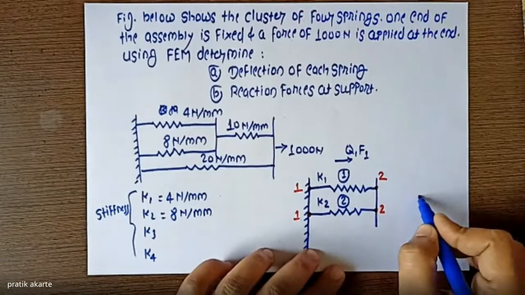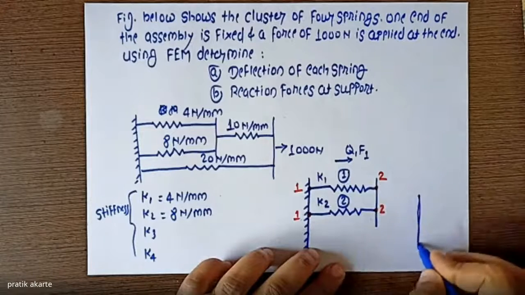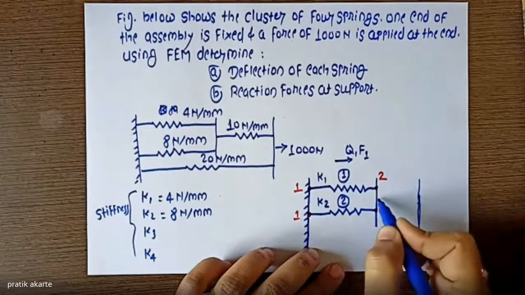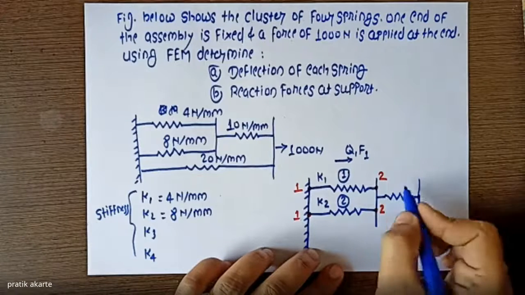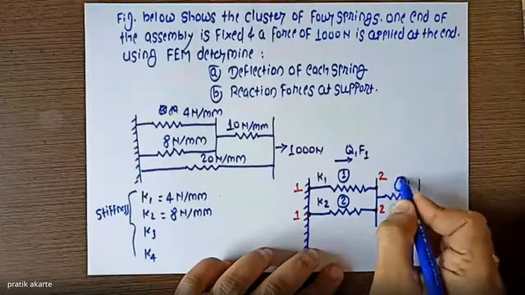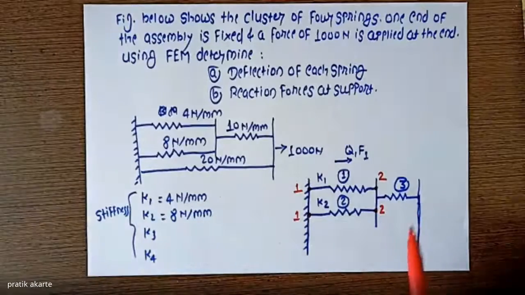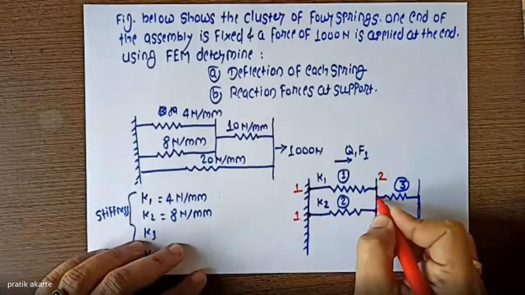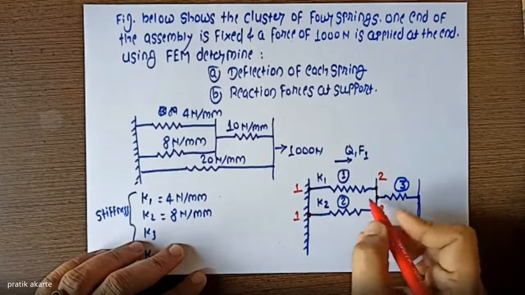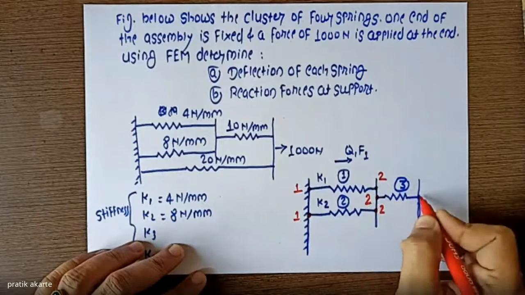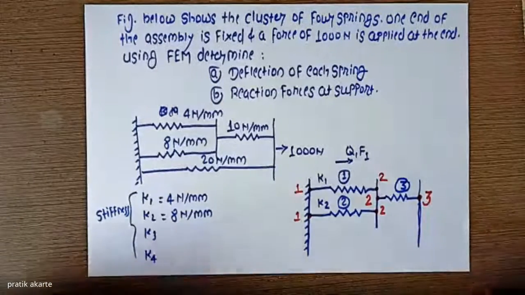Next is the third plate, and to this third plate I have element number 3. For this plate I have numbered 2, and for the new plate I am numbering 3.